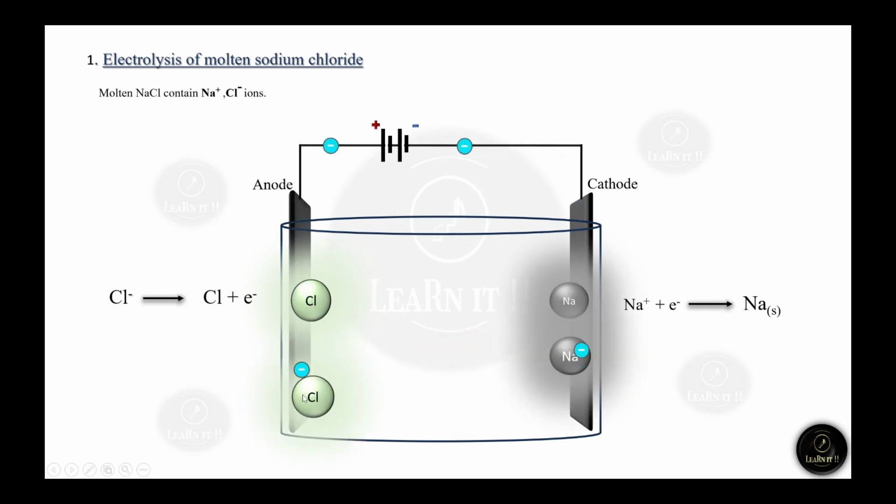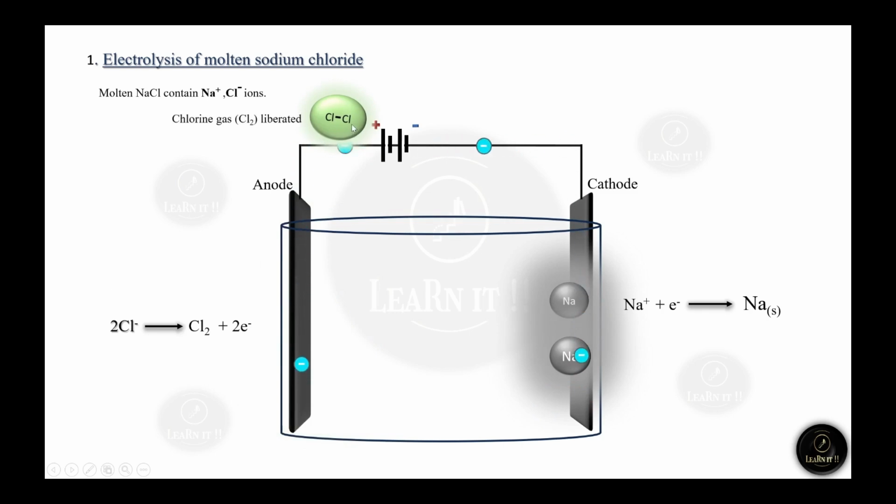Like that another Cl atom forms. These two Cl atoms become a chlorine molecule. So chlorine gas is liberated at the anode. So molten sodium chloride gives sodium metal that is deposited on the cathode, and chlorine gas is liberated at the anode.